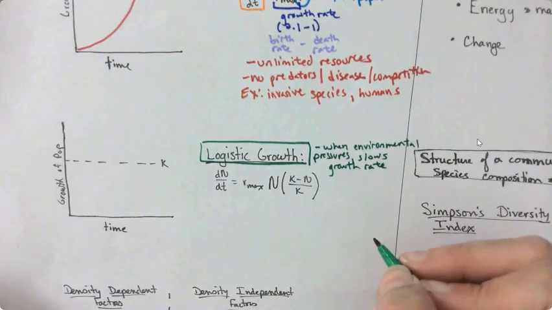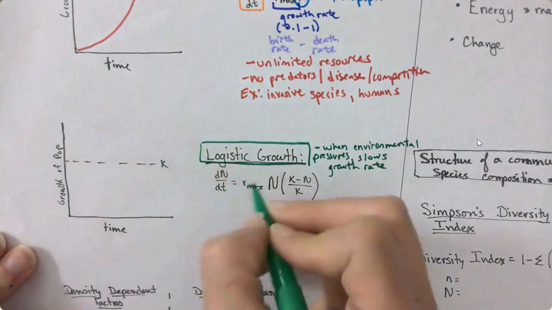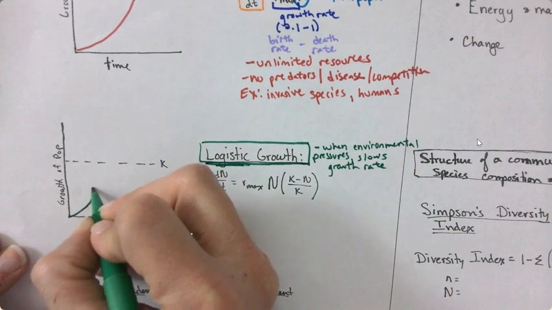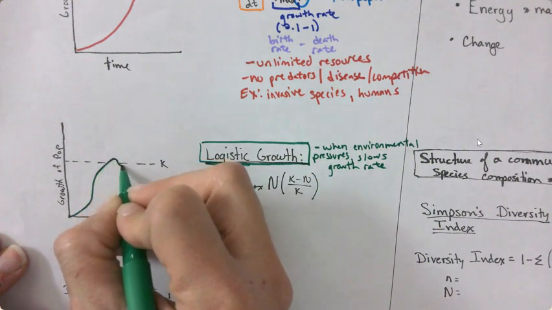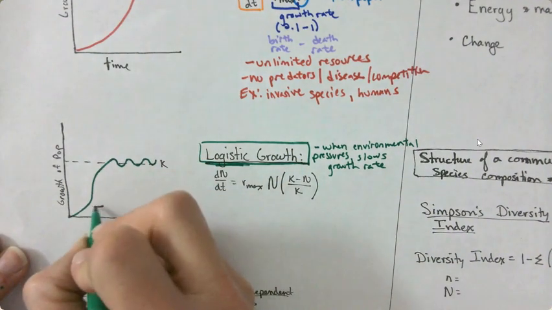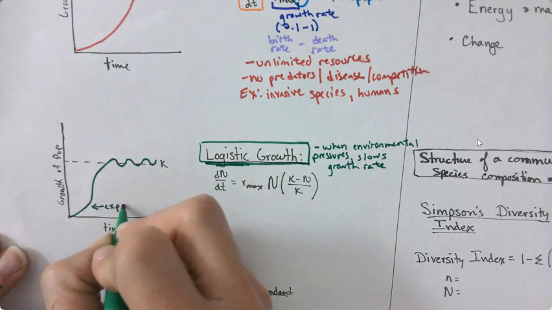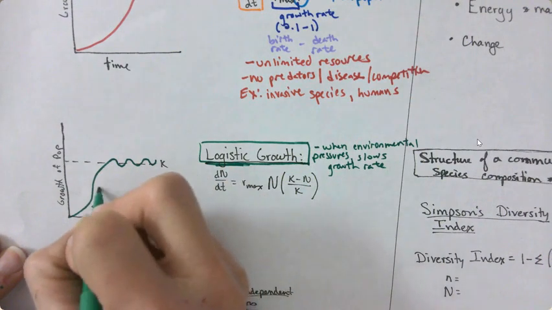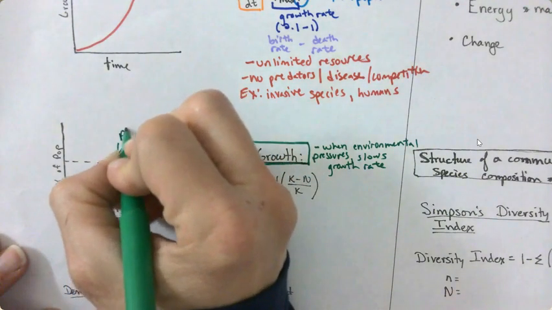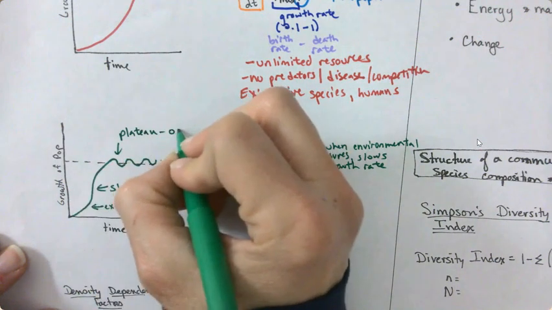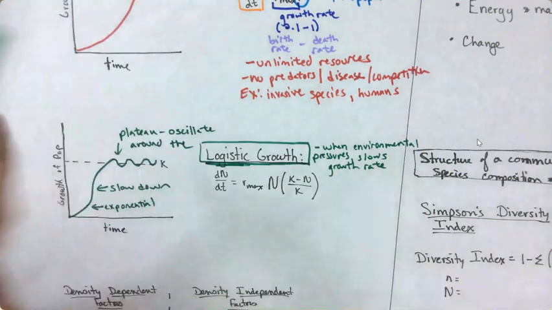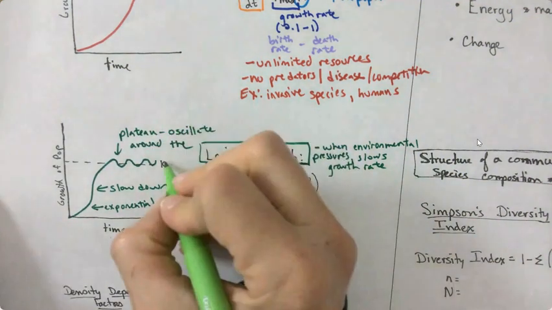So a logistic growth curve may look like exponential growth at first, and then it kind of levels off, and then it plateaus and oscillates around K, which stands for carrying capacity. So a logistic growth model shows exponential growth at first, and then a slowdown because of environmental pressures, and then a plateau, and then they oscillate around the K, which stands for carrying capacity.